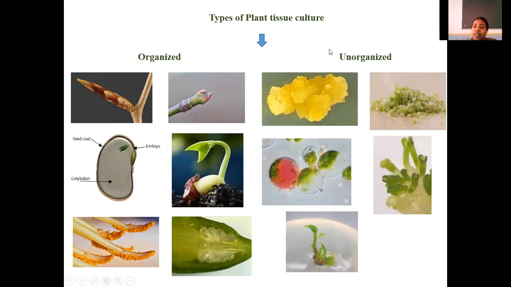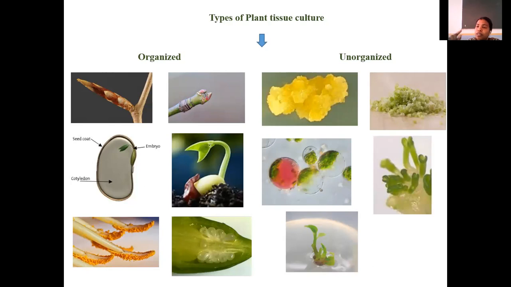On the next side, unorganized mass. Unorganized mass means any clump of simple parenchymatous cells. If I'm using unorganized mass, I cannot predict which portion is going to be the shoot and which portion is going to be the root. That's why the name unorganized mass is given. Here is the callus, an unorganized mass of simple parenchymatous cells.